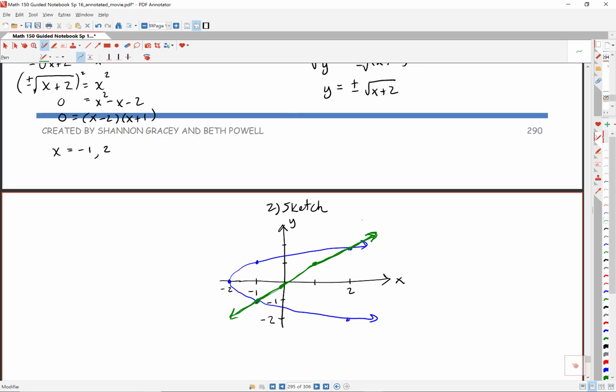Okay, so what's going to happen is this region kind of gets chopped up, because remember that this part here is our y is negative root x plus 2, right? And the above part is y is positive root x plus 2.